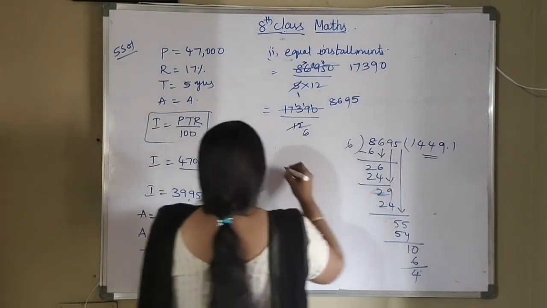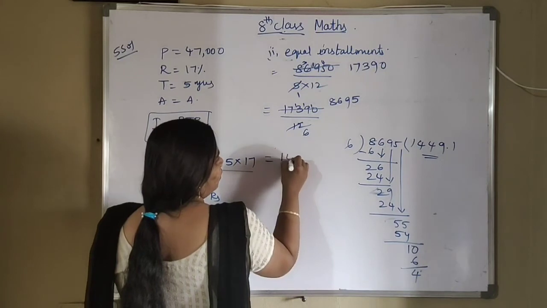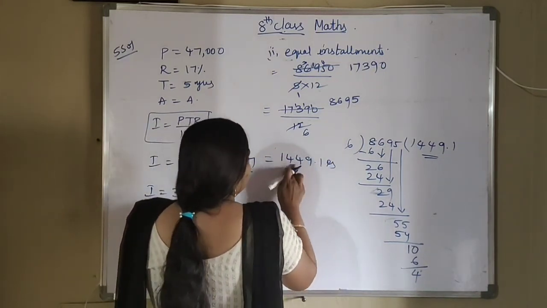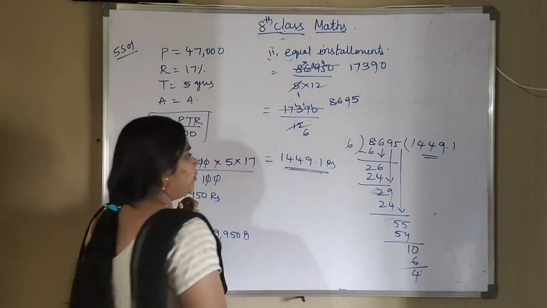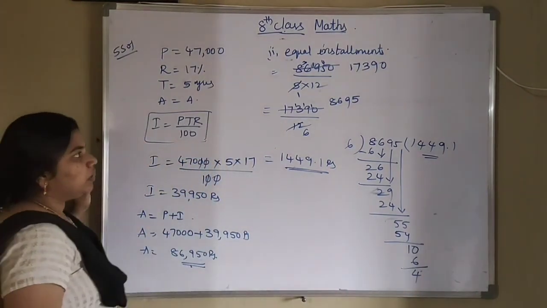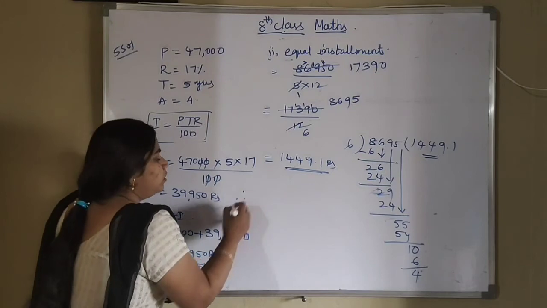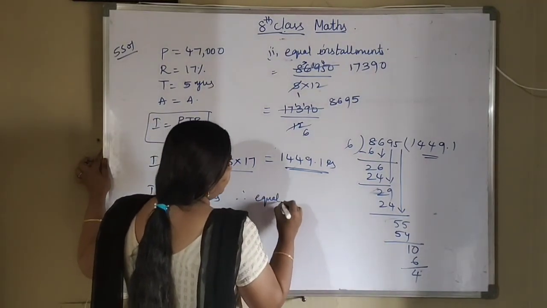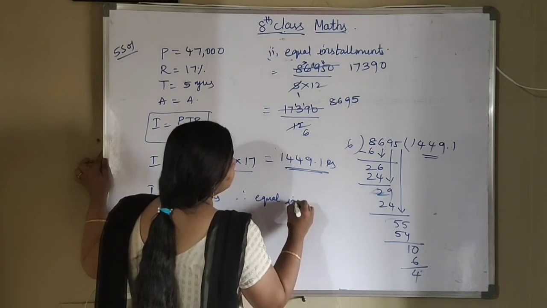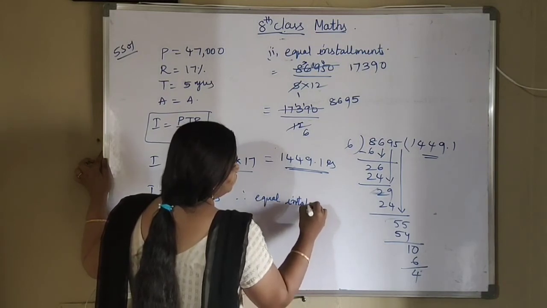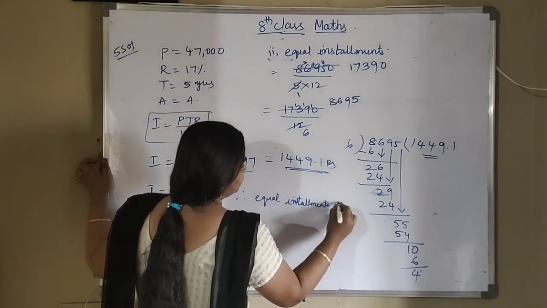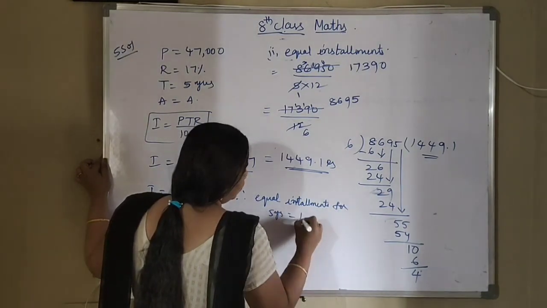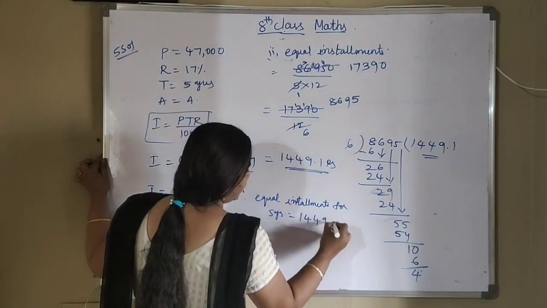So how much monthly payment does he have to pay? That is 1449.1 rupees. He has to pay 1449.1 rupees for 1 month. So therefore, equal installments for 5 years. 1449.1.